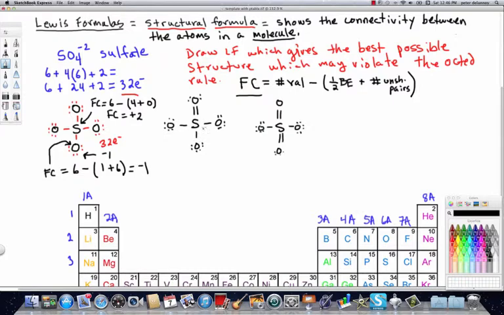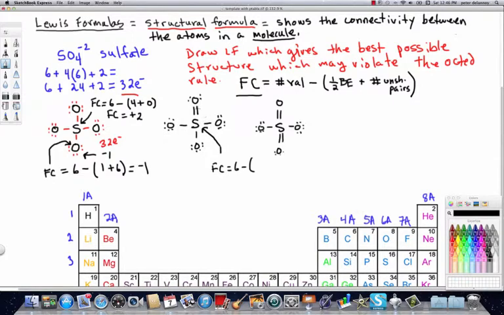Now, if we come over here to this next particle, I want to quickly calculate the FC for the sulfur. I want you to see what's going to happen to it as we're adding double bonds to the sulfur. So the FC here is going to be equal to 6 minus 1/2 of the total bonding electrons.